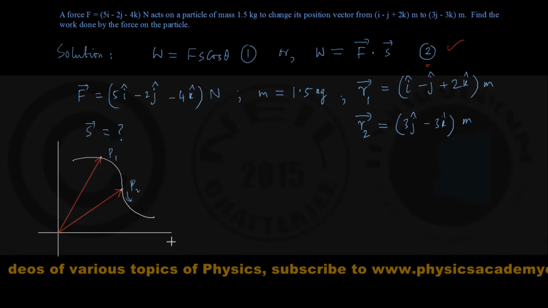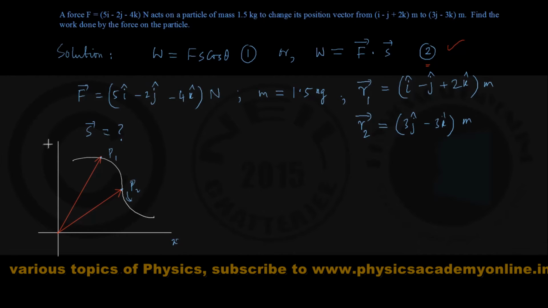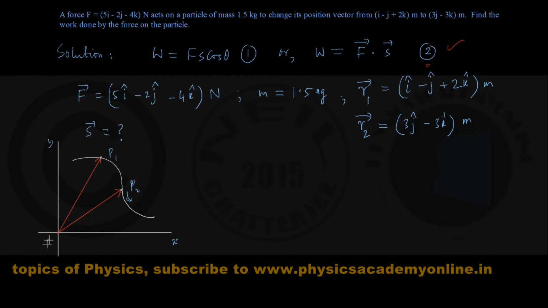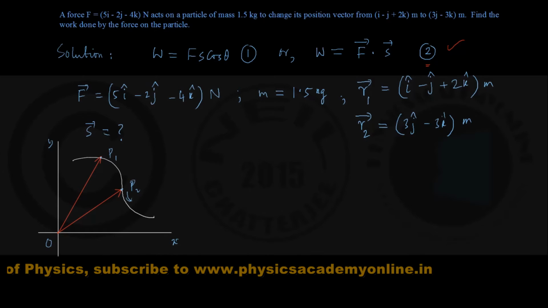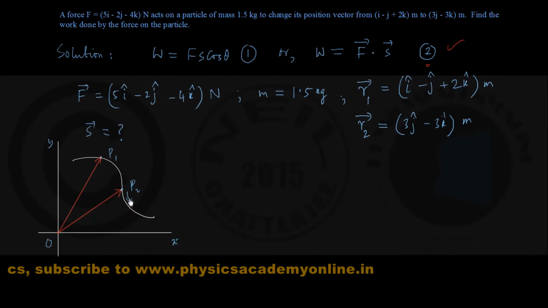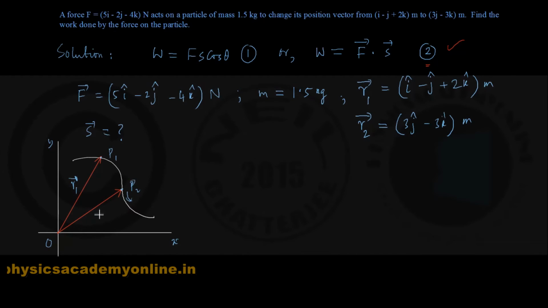This is the x direction, that is the y direction. This is the origin of the 2-dimensional coordinate system, and as the particle travels from P1 to P2, its position vector has changed from R1 initially to R2 finally. And we can apply vector algebra to show that the displacement of the particle is simply given by this arrow P1P2.